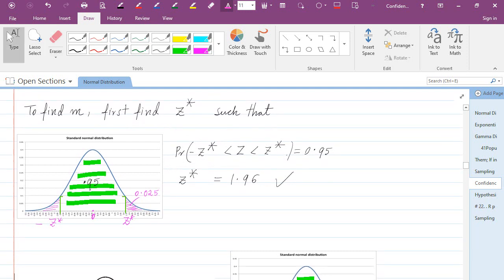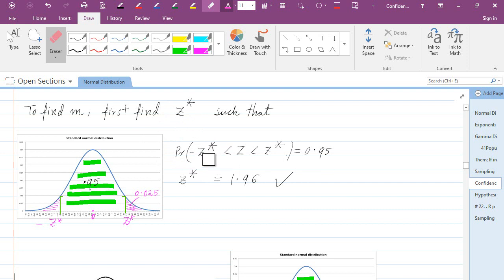And we can use the standard normal distribution table or any software, calculator, or Desmos, whichever you like, to find that the z star is 1.96. So notice that the area to the left of z star would be 97.25. So again, we first find the z-score z star so that the probability that z is between negative z star and positive z star is 95%.